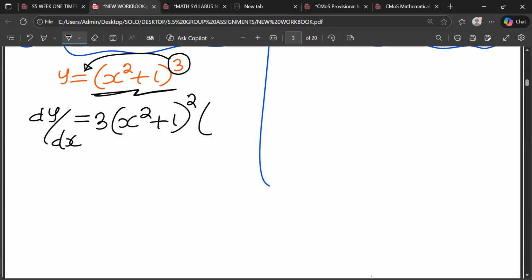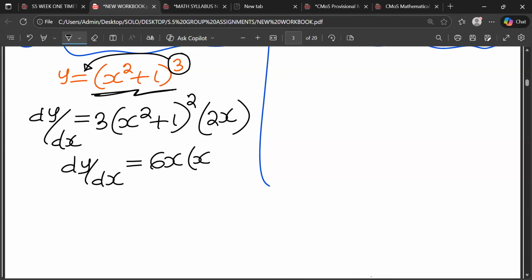When I differentiate x squared, I get 2x. When I differentiate 1, I get a 0, so no need of showing the 1. Then you simplify your answer and say that dy dx is equal to 6x, x squared plus 1 squared, like that.